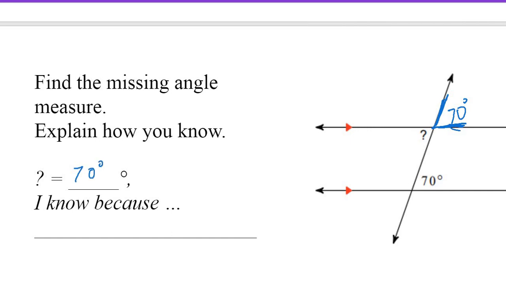I know because it is corresponding and vertical.